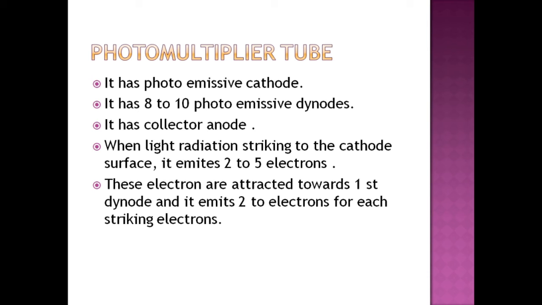It has a photoemissive cathode whose inner surface is coated with light sensitive material. It has 8 to 10 photoemissive diodes, actually dynodes. Each has a positive voltage difference, and finally there is a collector anode.